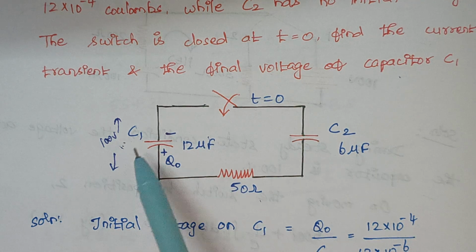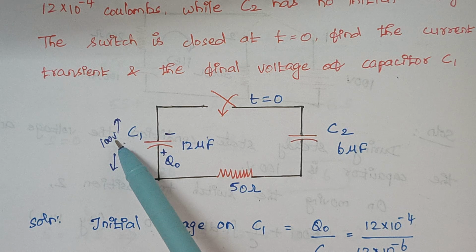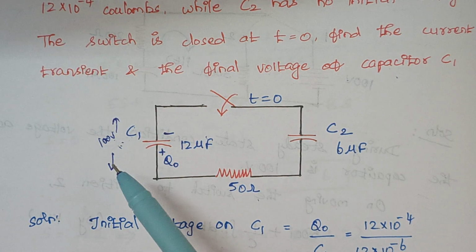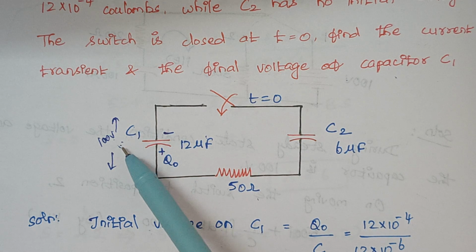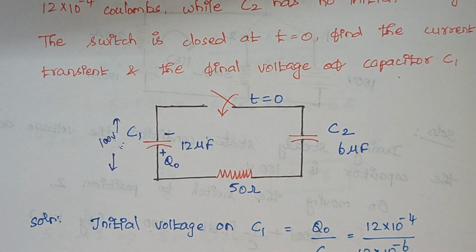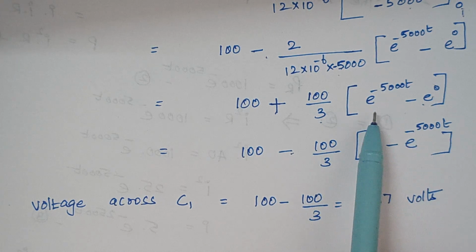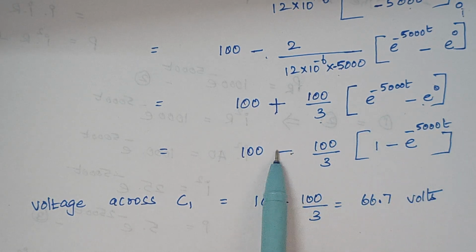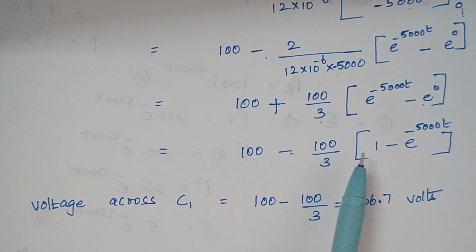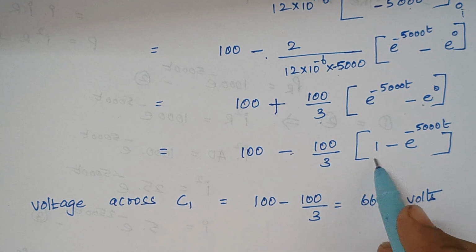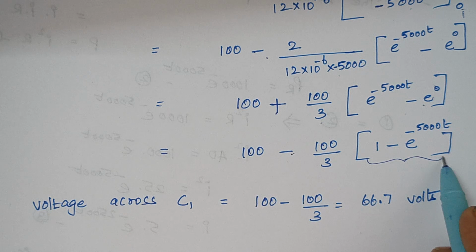The total source voltage by itself is 100 volt. So what about the final voltage? It should be less than this 100 volt. It should never be greater than this 100. Therefore, we are taking this minus outside. When you add, it becomes greater than 100, which is absolutely wrong. Therefore, when you take this minus outside, again this forms the basic expression format.